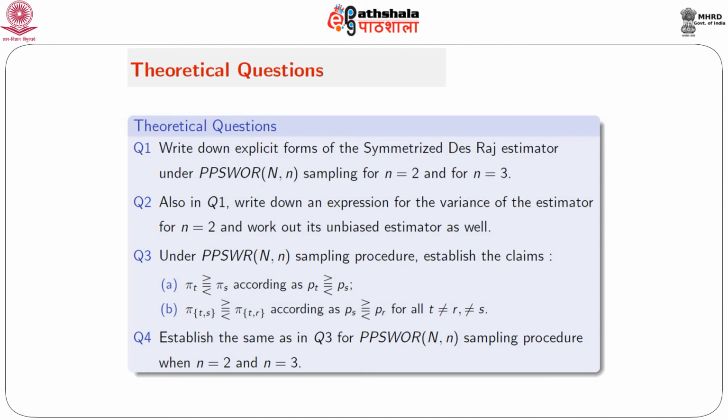So, this one says for sample size 2, once you have the expressions, you verify the inequalities in question 3 in terms of pi i and pi ij, and for sample size 3 as well. So, there is more algebra involved. Conceptually, it is straightforward. It is more algebra in the expressions for pi i, pi ij as well as in establishing the inequalities. The only conceptual problem was problem number 2.